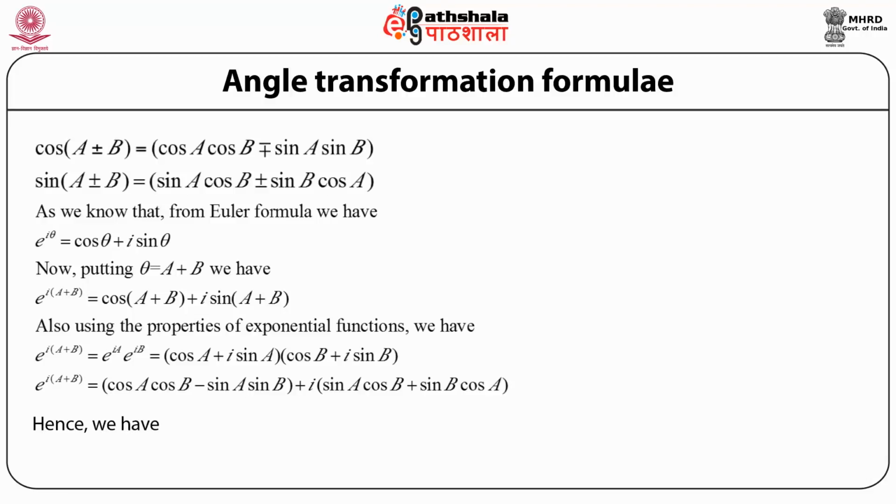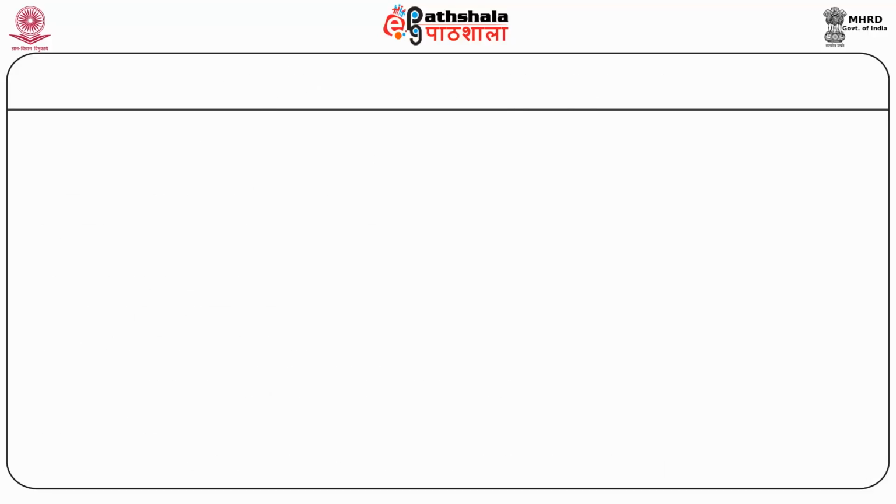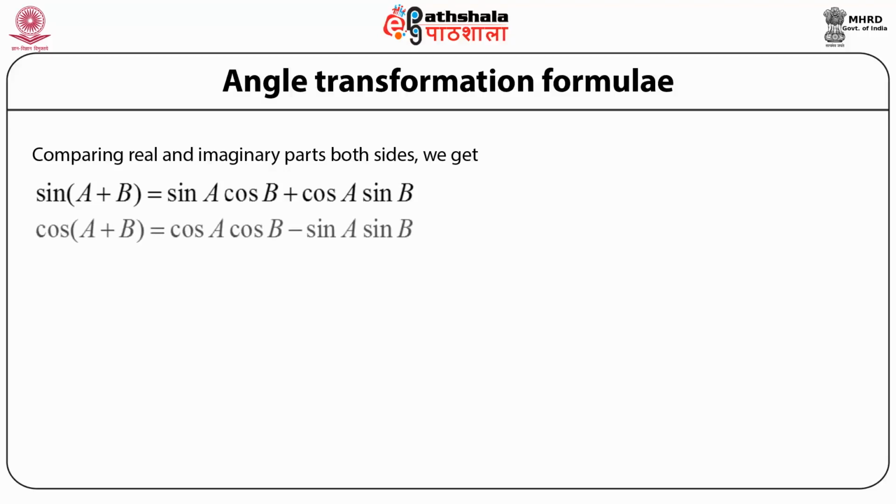Hence we have cos(A plus B) plus i sin(A plus B) equal to cos A cos B minus sin A sin B plus i times (sin A cos B plus sin B cos A). So we can compare the real and imaginary parts of both sides. Then we will get sin(A plus B) equal to sin A cos B plus cos A sin B, and cos(A plus B) is equal to cos A cos B minus sin A sin B.